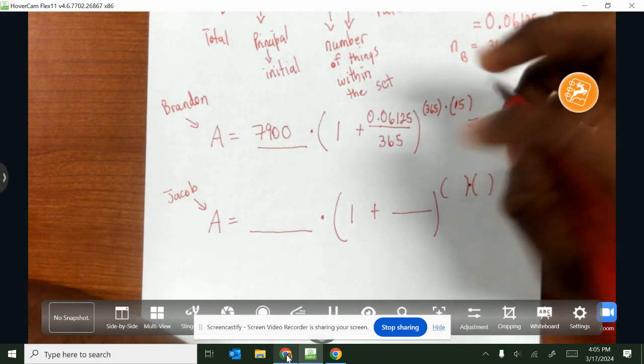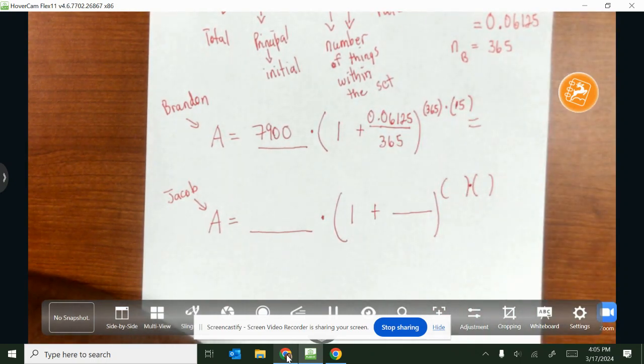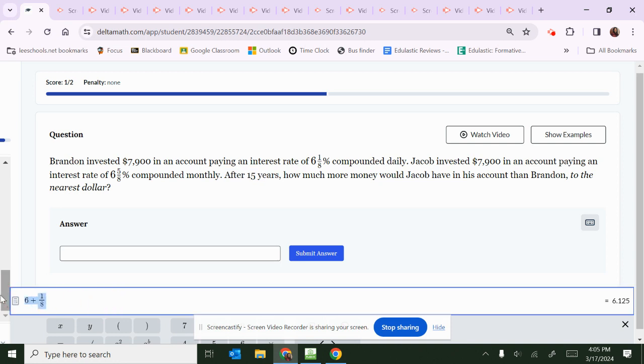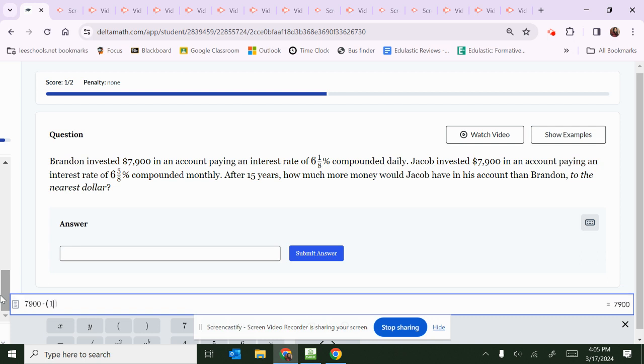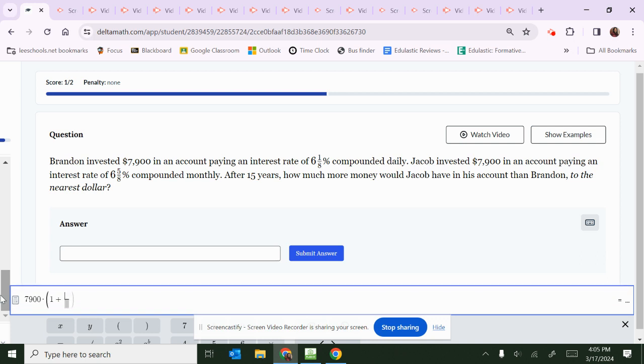So let's plug this into a calculator so I don't get confused. I would type 7,900 multiplied by parentheses 1 plus, then I click the fraction button, 0.06125 over 365, because that's the number of days in a year.